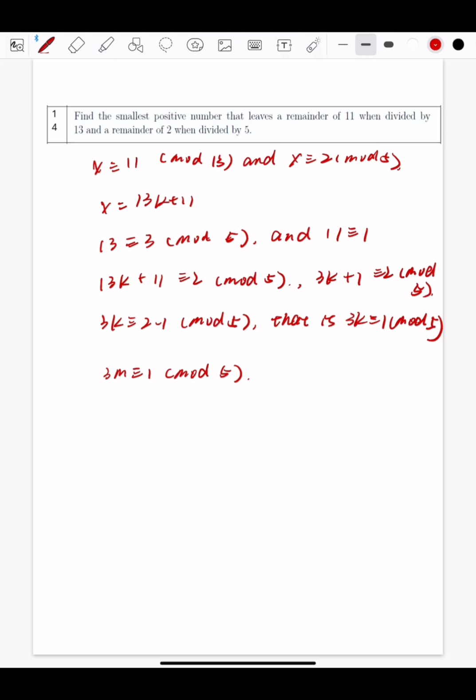We can check the values m equals 1, 2, 3, 4. When m equals 2, we know that 3 multiplied by 2 equals 6. And so multiply both sides by 3k. We can get k.